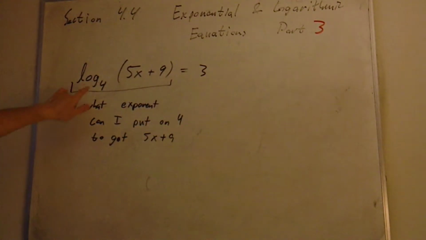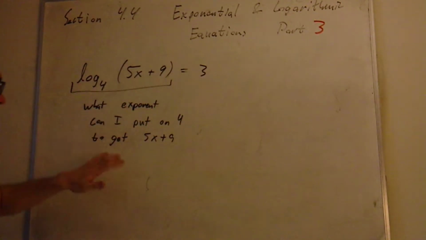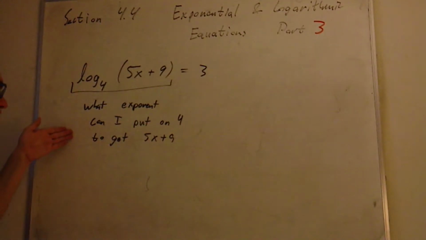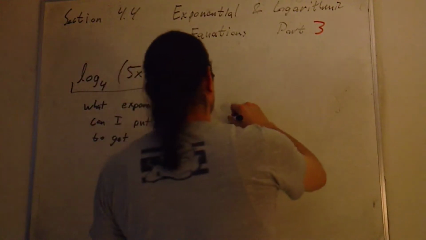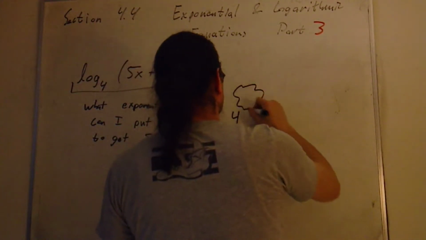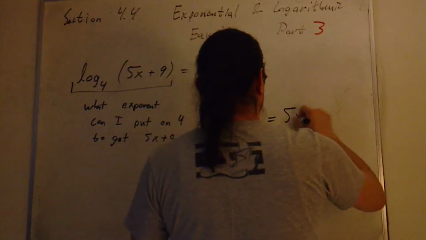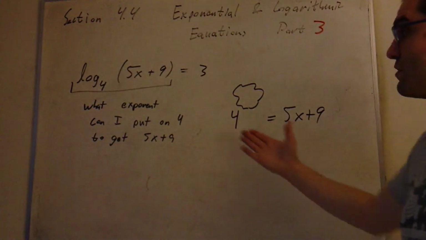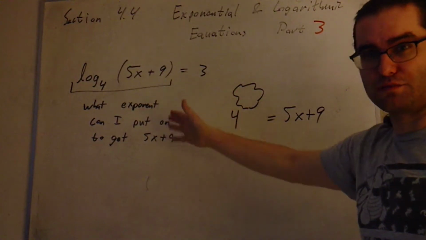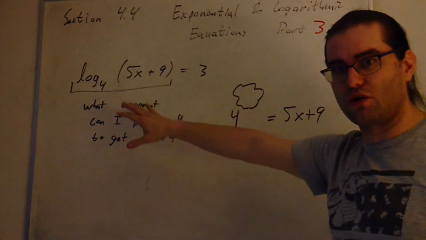That's what this means. Log base 4 of 5x plus 9 means what exponent can I put on 4 to get 5x plus 9? Or symbolically, 4 to what power is 5x plus 9? This is what the logarithm means. This is what it's always meant, from the first moment we introduced logarithms.